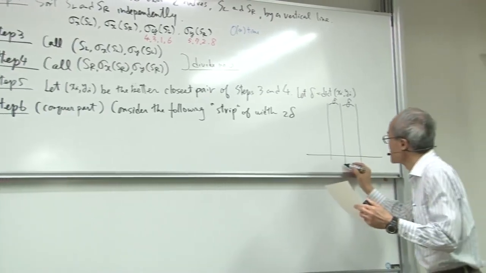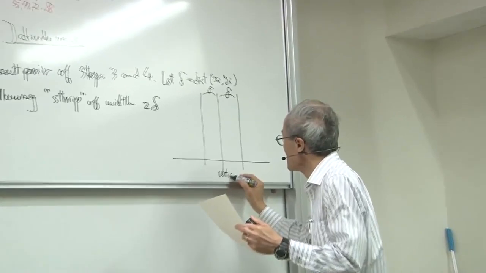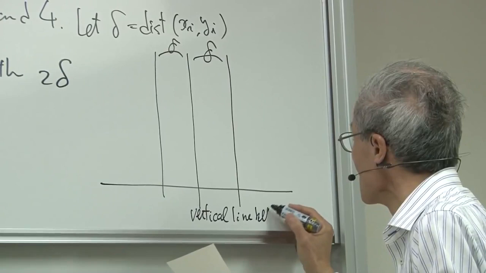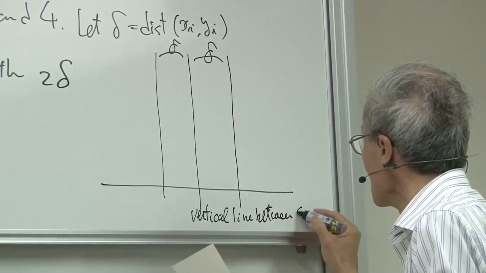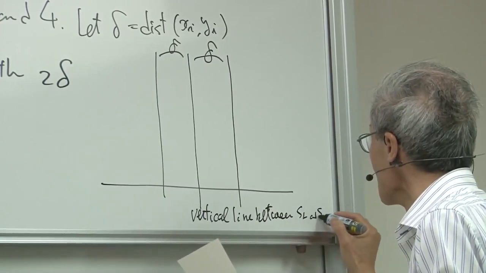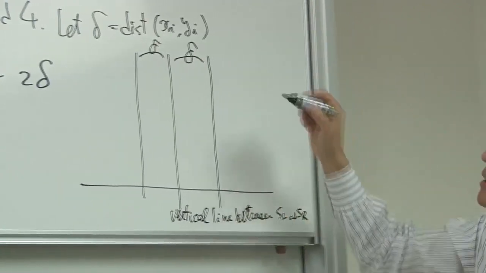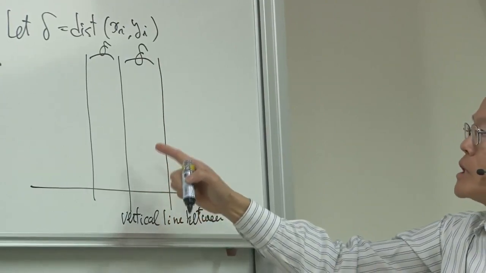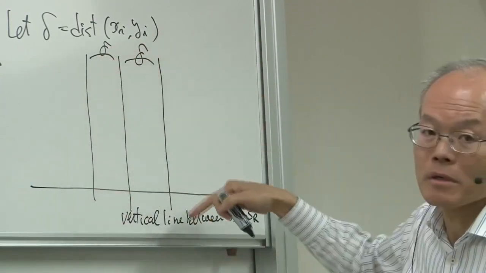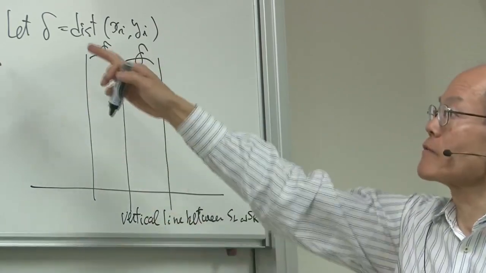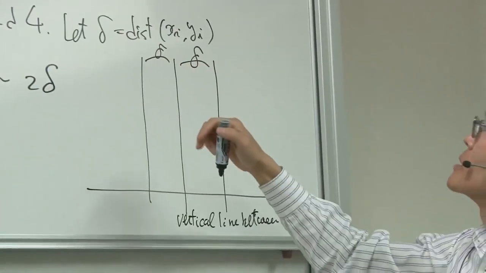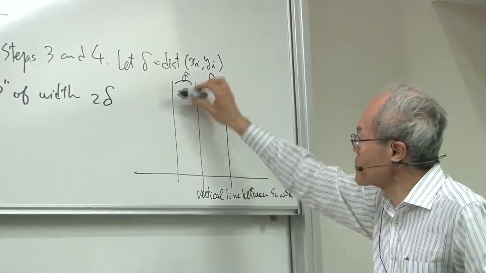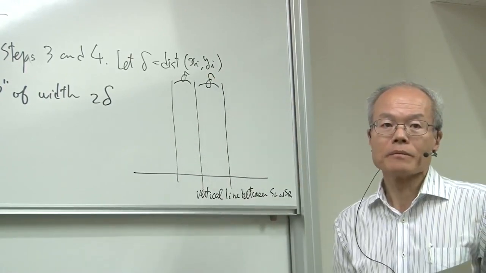This is a vertical line between S L and S R. So this is the vertical line dividing S L and S R, and we consider this strip of width 2 delta. Delta is, of course, this delta. Okay. So we just consider the strip of width 2 delta.